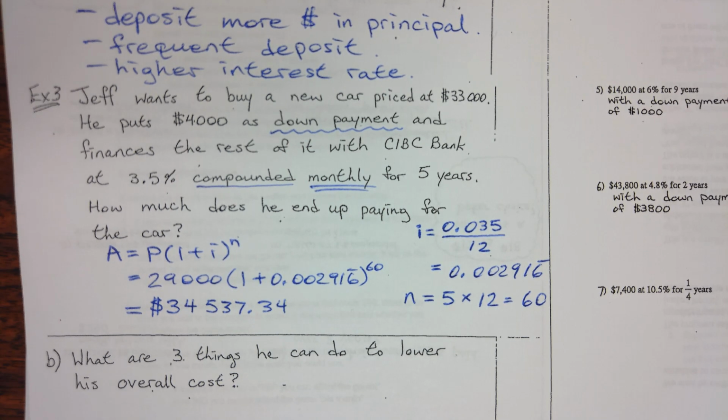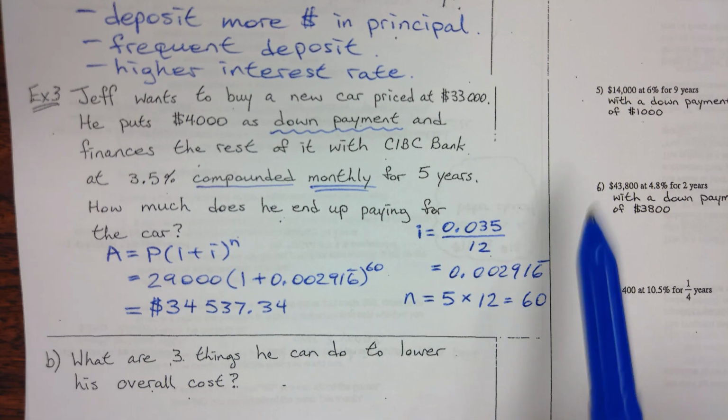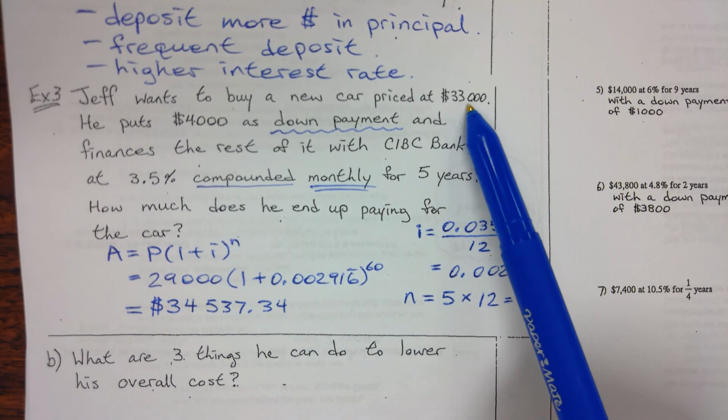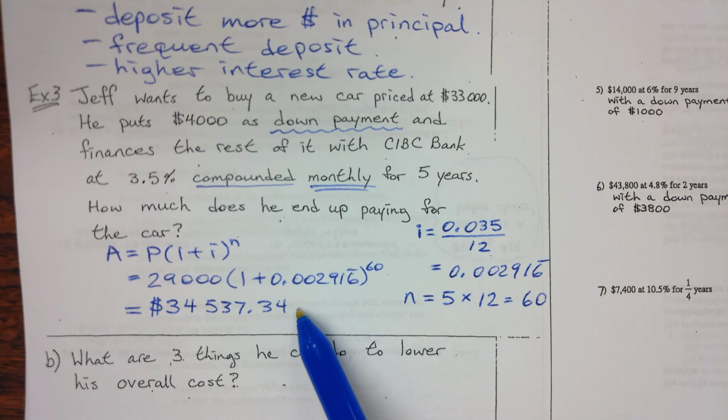Okay, so is that how much the car is worth? Like, is that the total amount of money I paid for the car? The car was originally 33,000, and I just paid 1,500 extra. Is that right?